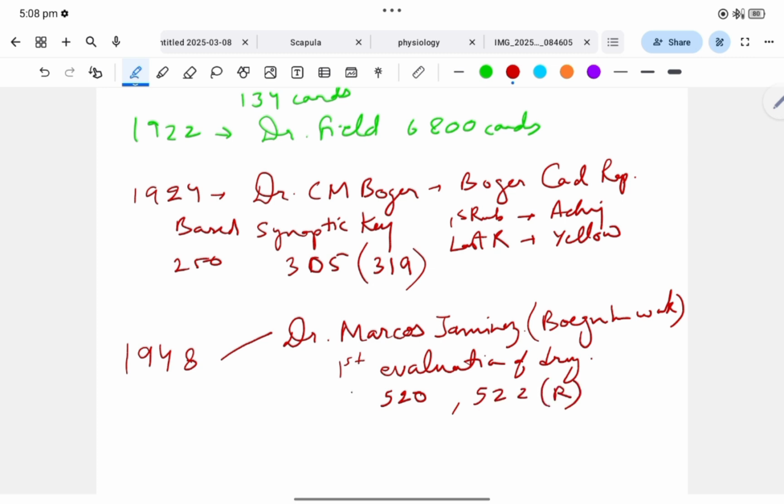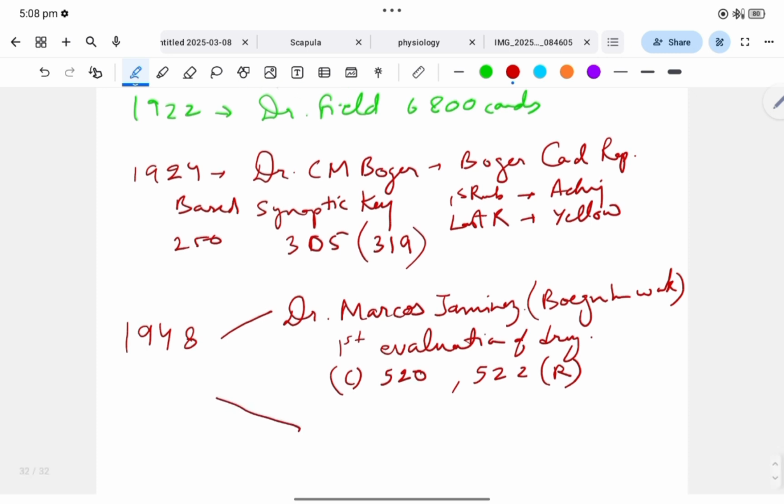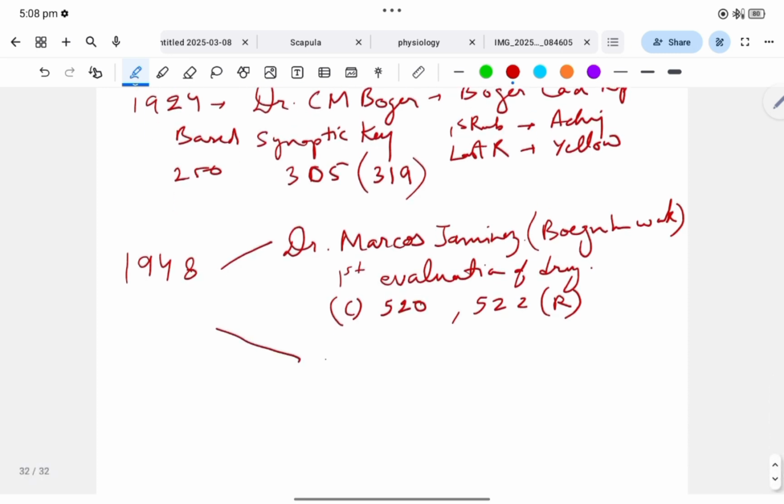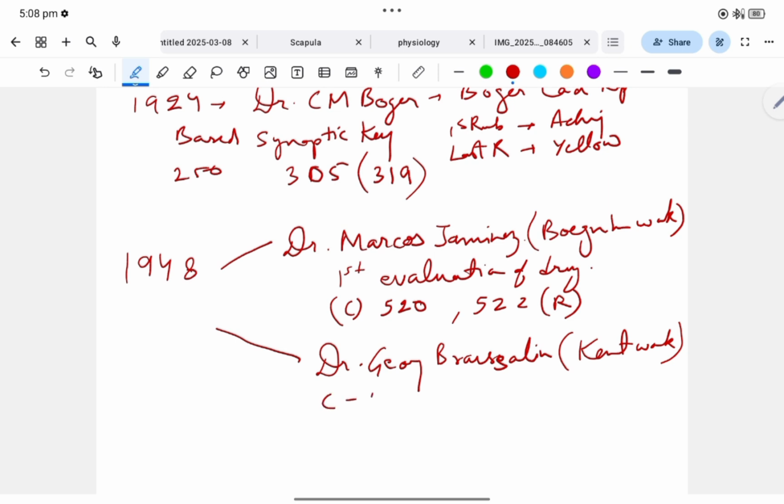These are remedies and this is card. Then another repertory which came in the year 1948 was by Dr. George Browselians, which was based on Kent work. It has total card was 1861 and the remedy 640.